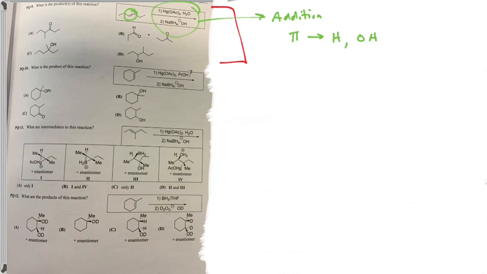So I could now go through, draw out my structure, and I want to add H and OH. But could it have been added this way? Well, both of those, if all I've memorized is H and OH, what I now might try and do is go through and look at the answer choices and see, do I get both of those answer choices?